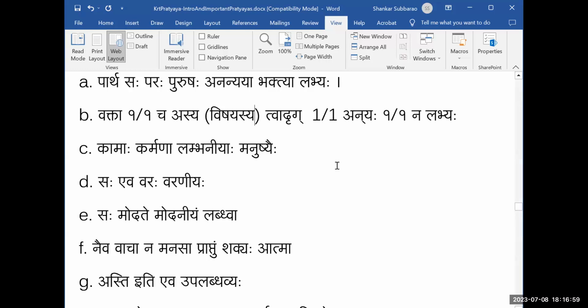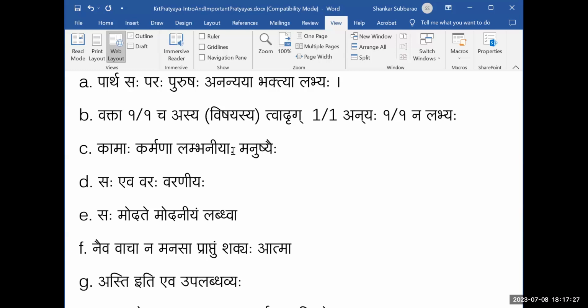Third sentence. Who wants to volunteer? Santosh, go ahead. So here the verb is lambhaniyaha. Good. Verb equivalent. It's not a lakara, but it's verb equivalent. What's the case and number? And what's the meaning? The near pratyaya. So dhatu?